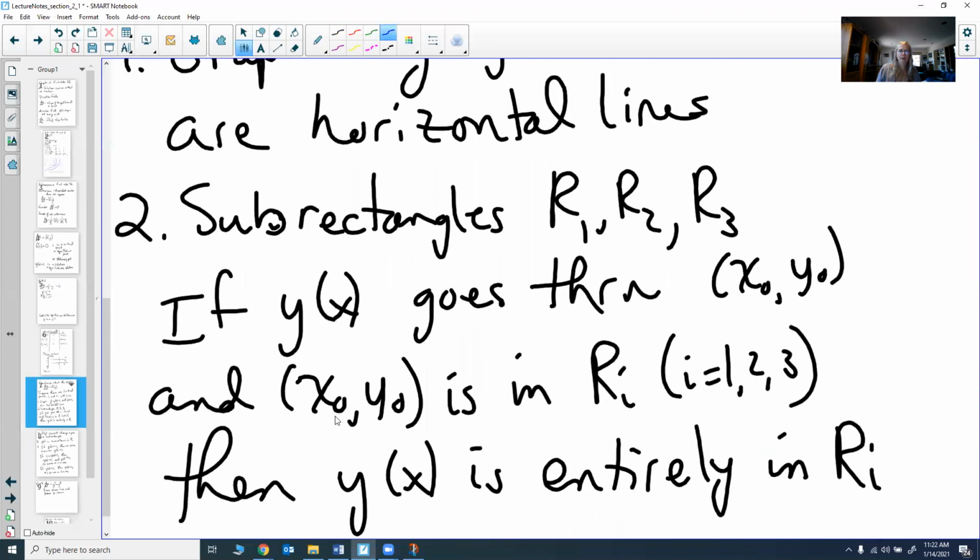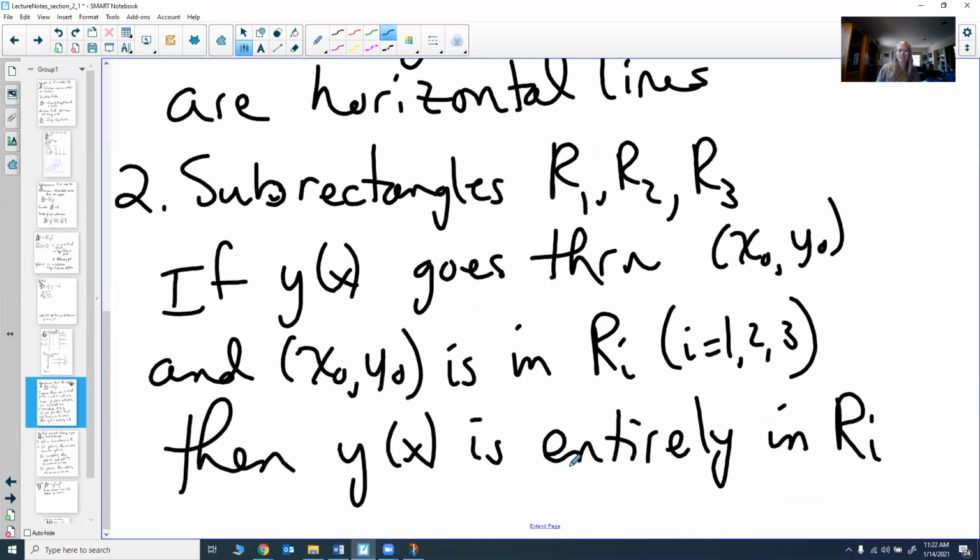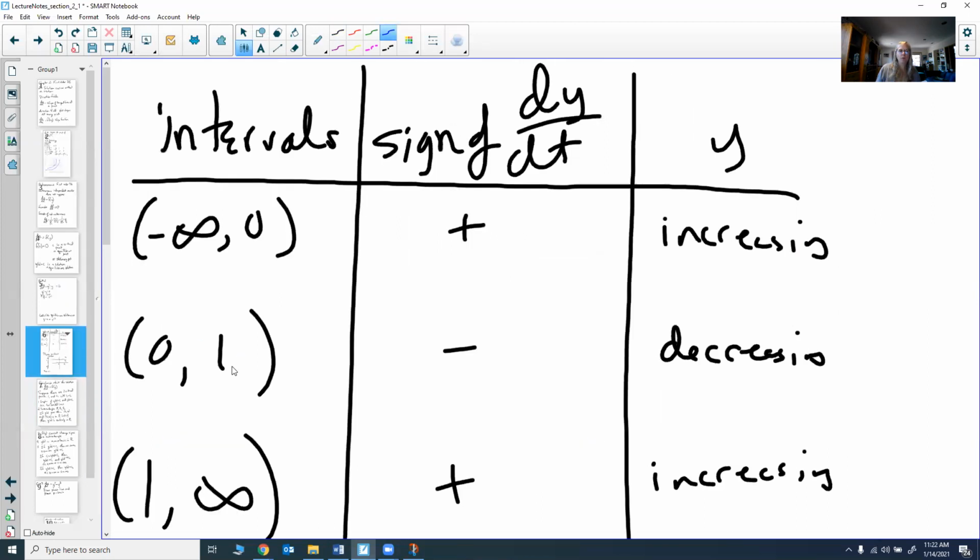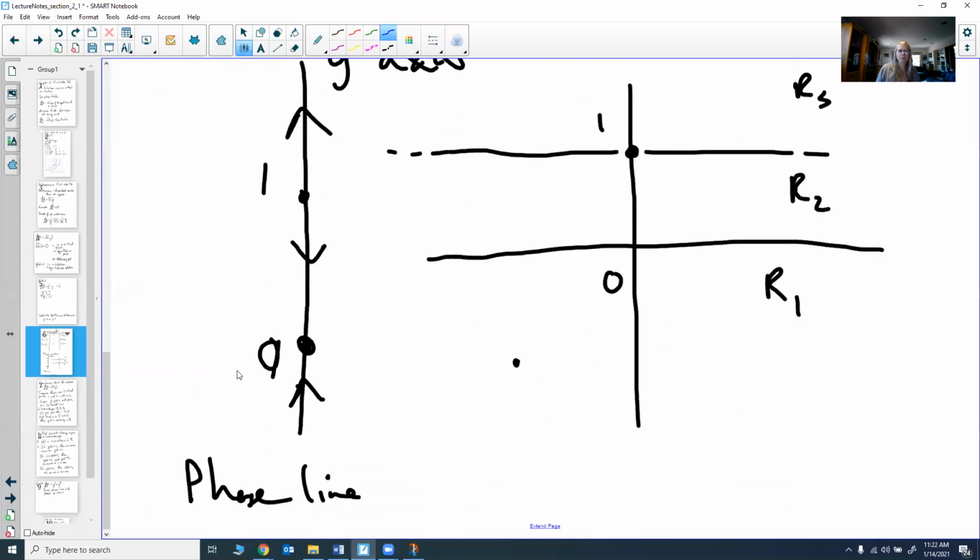In fact, that's what this next property says: y of x is entirely in R1. Because we already know that we're increasing in this first rectangle, we can't suddenly jump out of here, because we also know we're decreasing in the second rectangle. We're not going to be increasing up here and leaving this rectangle. We're going to stay in this rectangle and follow along that line.